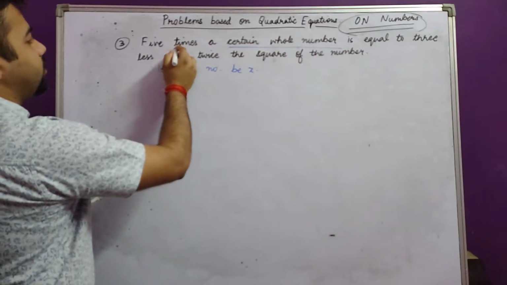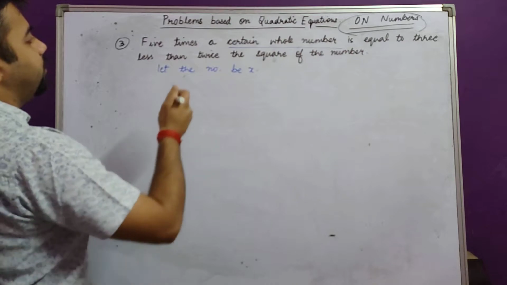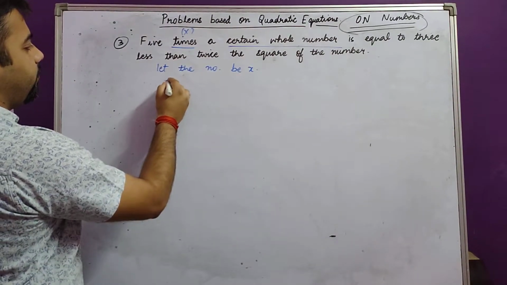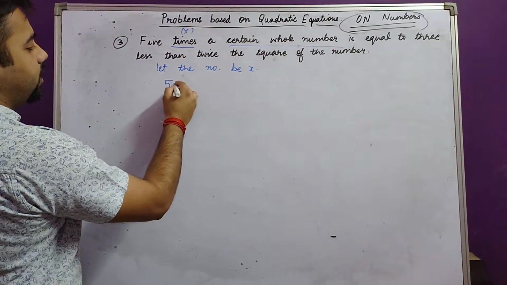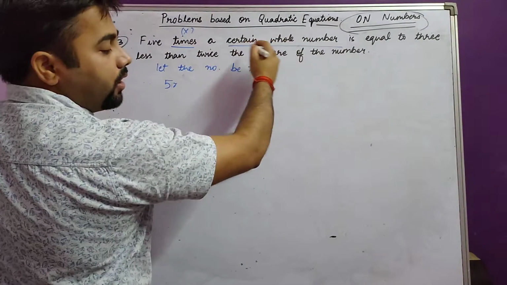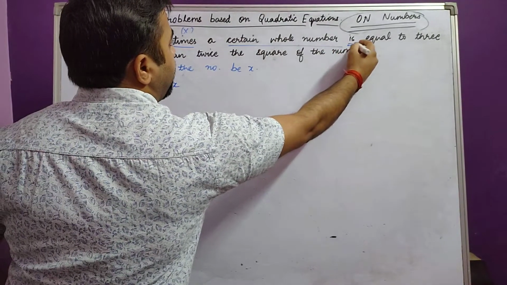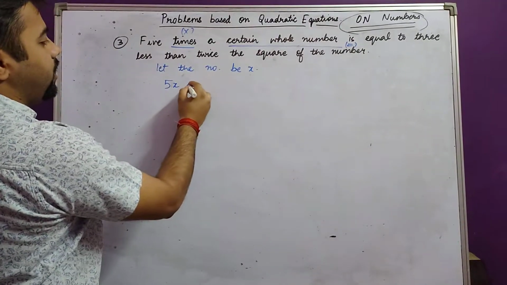What does times mean? Times means multiplication. That is, 5 times the number x is 5x. Is means equal to.